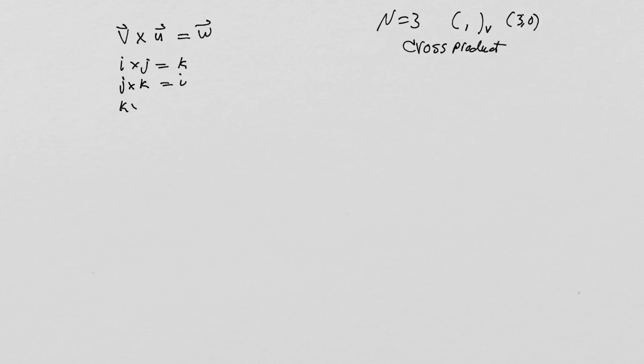It's k cross i equals j. Is that right? k cross i equals j, yeah. So this was the cross product. It's basically a vector operating on a vector to get a vector, right?